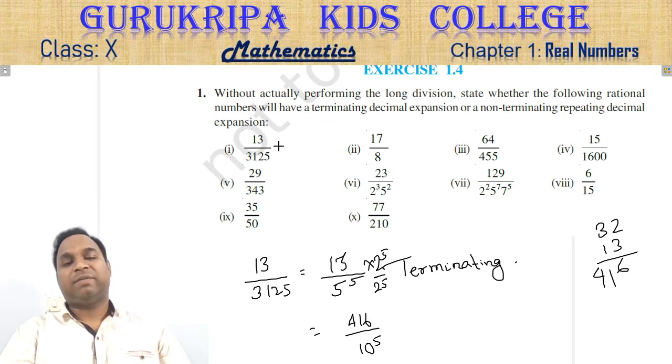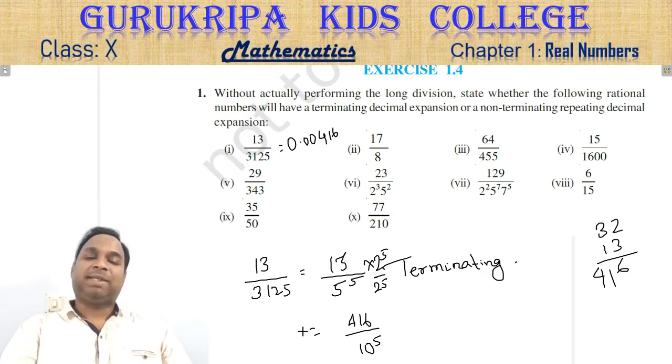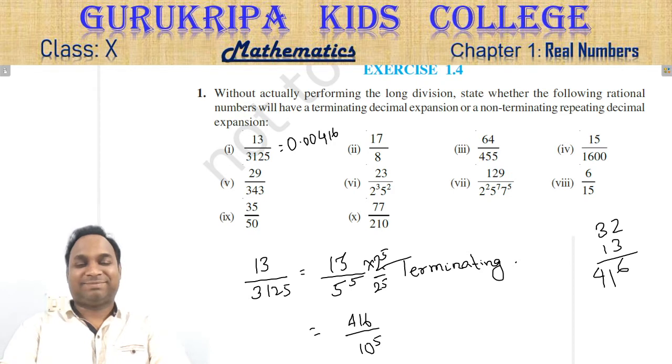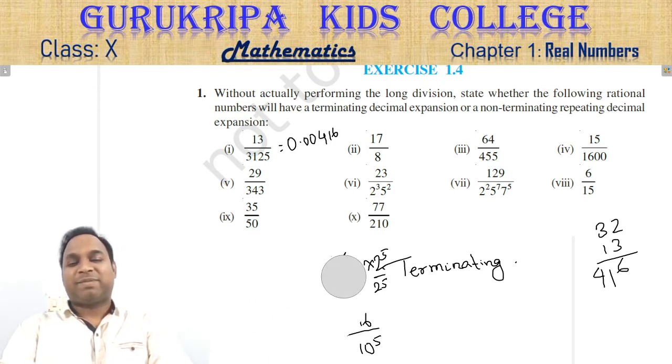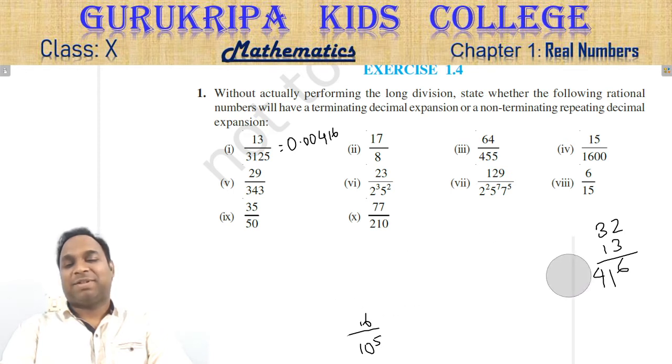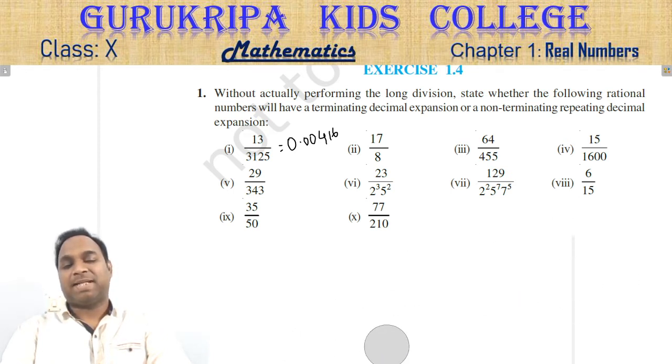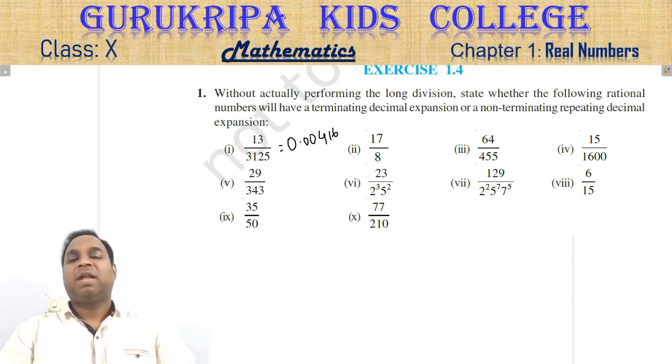So what will this give you? 0.00416. That is the terminating decimal number. How long did it take? It was very simple actually to convert. This theorem makes conversion of rational numbers into the decimal form very simple.